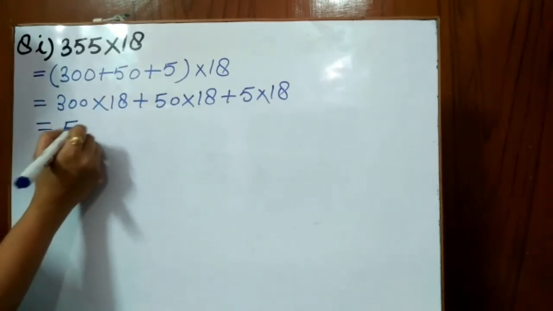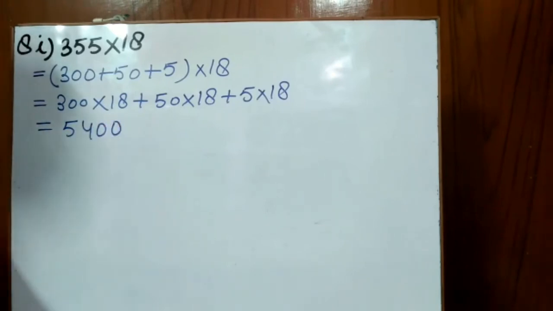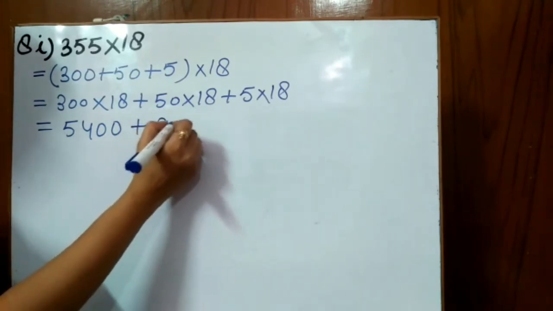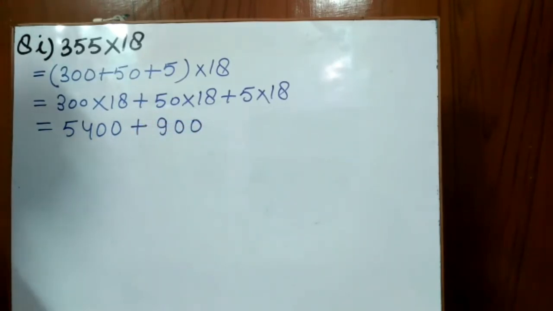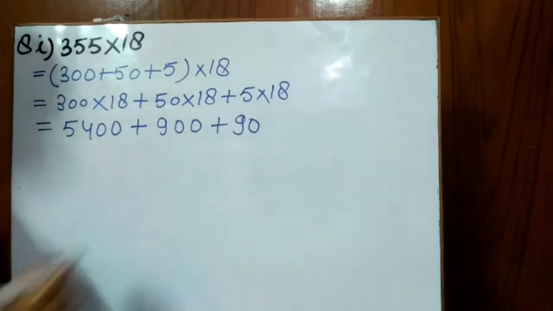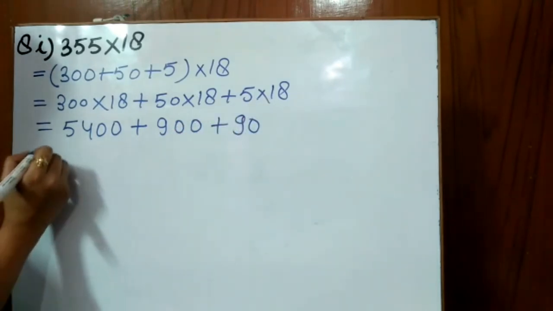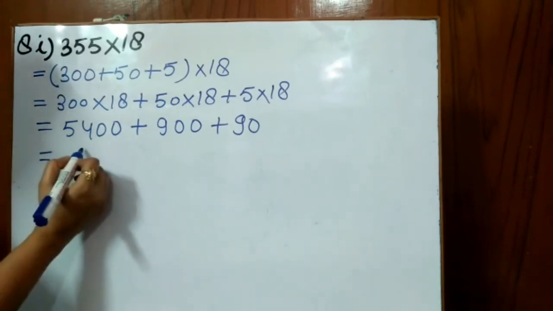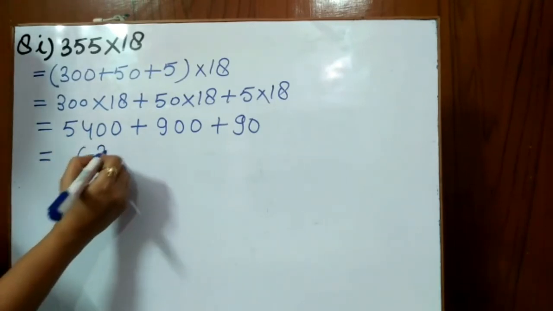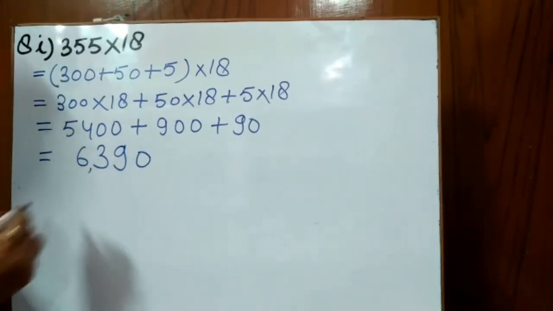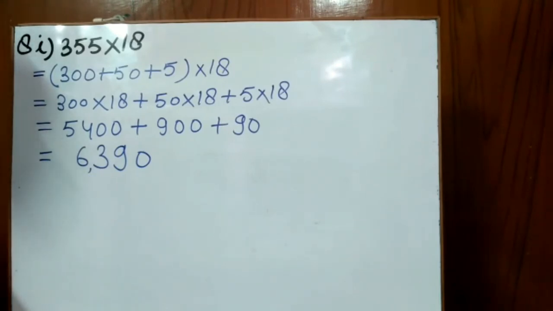After multiplication, we will get 5400 plus, after multiplication of these two numbers, we will get 900 and after multiplication of these two numbers, we will get 90. Now we will add these three numbers. After addition of these numbers, we will get 6390 and it is your answer. Understood?